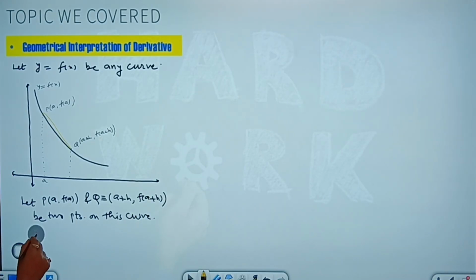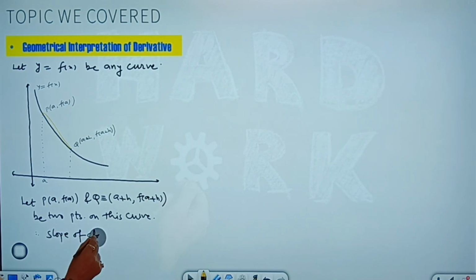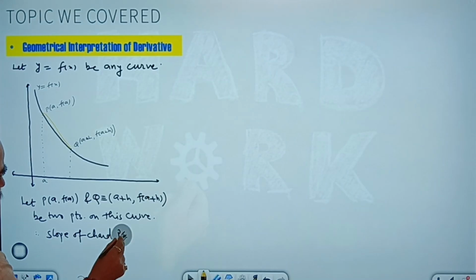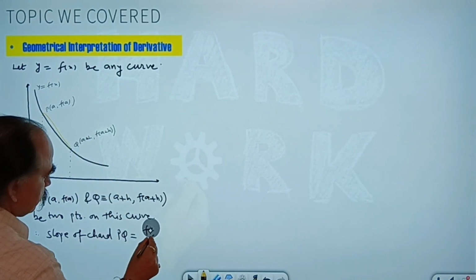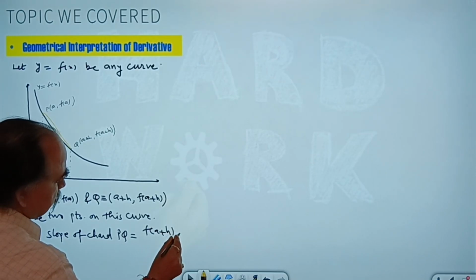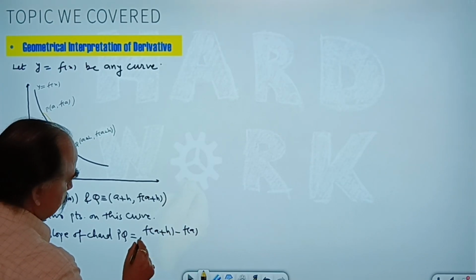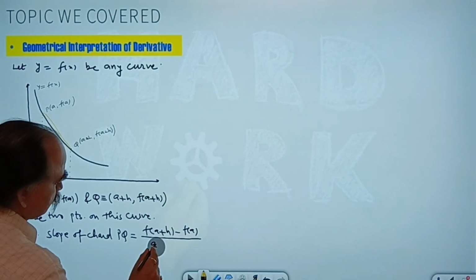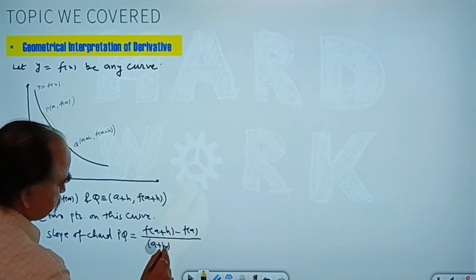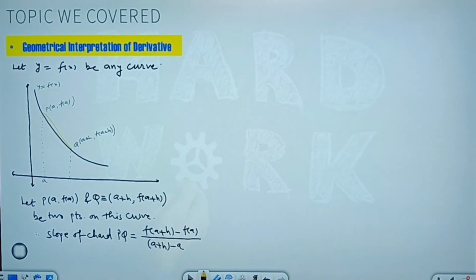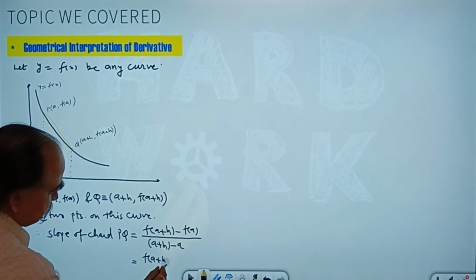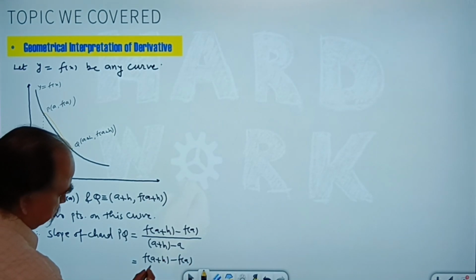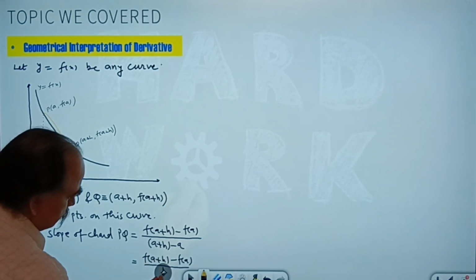Therefore, slope of chord PQ is what? Difference in y coordinate, f(a plus h) minus f(a), upon the corresponding difference in x coordinate, a plus h minus a, which will give you f(a plus h) minus f(a) upon h.